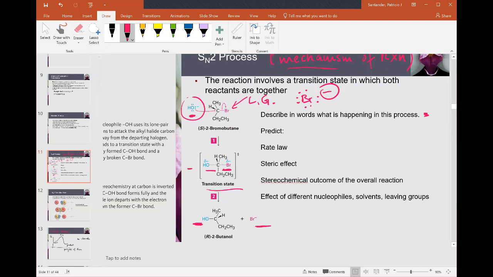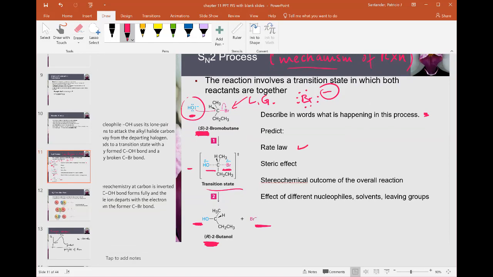The bromine is totally out. And interestingly, there was an inversion of the configuration. You can see that we started with the S isomer and we obtained the R product, right? So there was an inversion of the configuration.